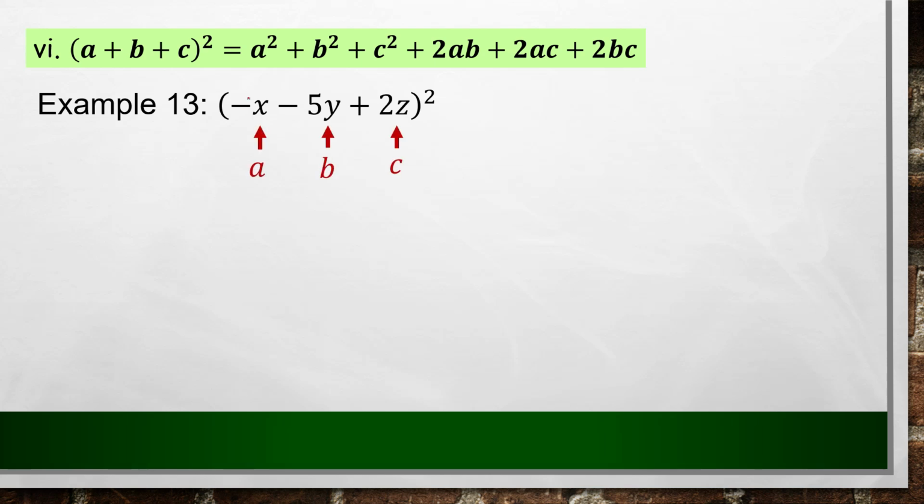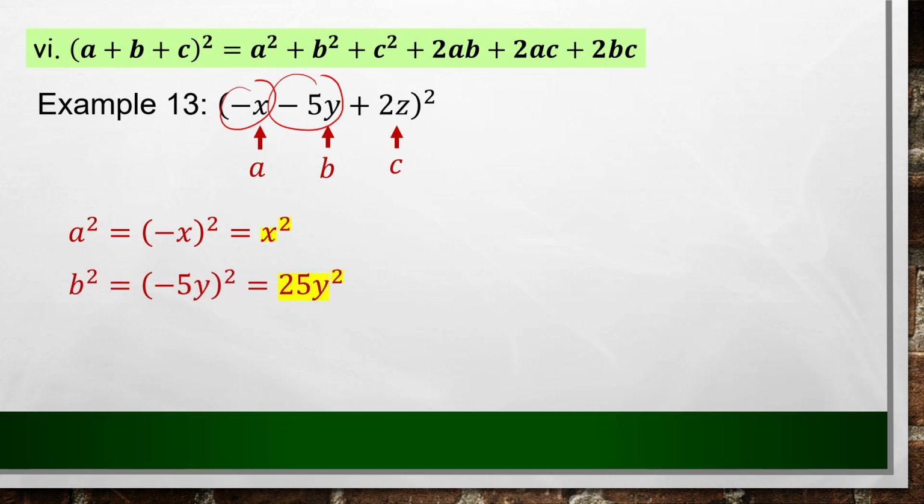Again, the a is negative x, the b is your negative 5y. Negative x times negative x is x squared. Negative 5y times negative 5y is 25y squared. For c squared, that's 2z times 2z, which is 4z squared.